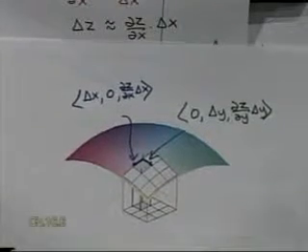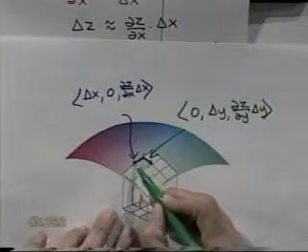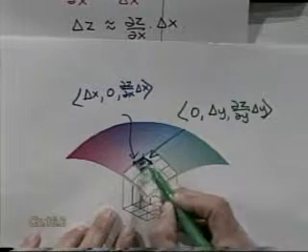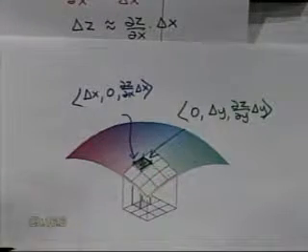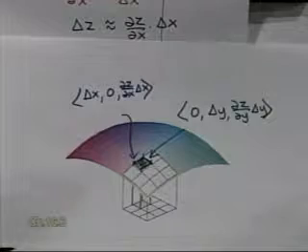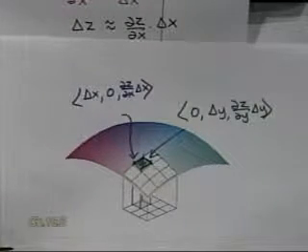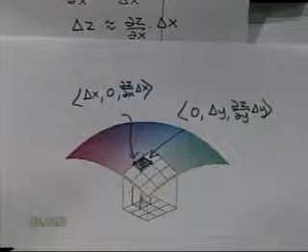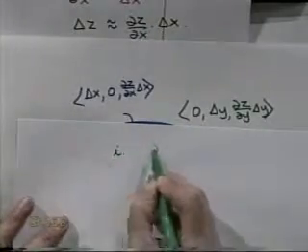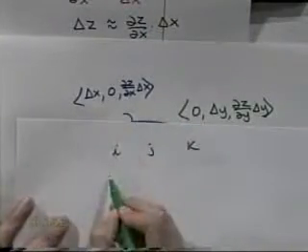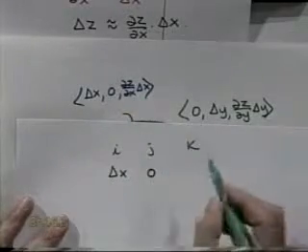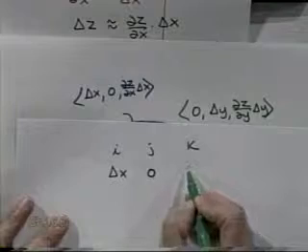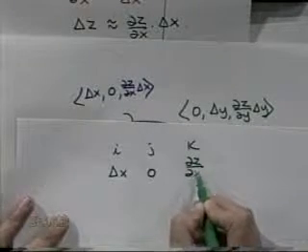Now you guys just told me if I wanted to make that little plane right here and find the area of the plane, you told me, Mrs. Strocko, take the cross product and then take the length of that vector. Right? So let's do it. We want to take the cross product of the vectors. The first one has an x component of delta x, y component of 0, z component partial of z with respect to x, delta x.